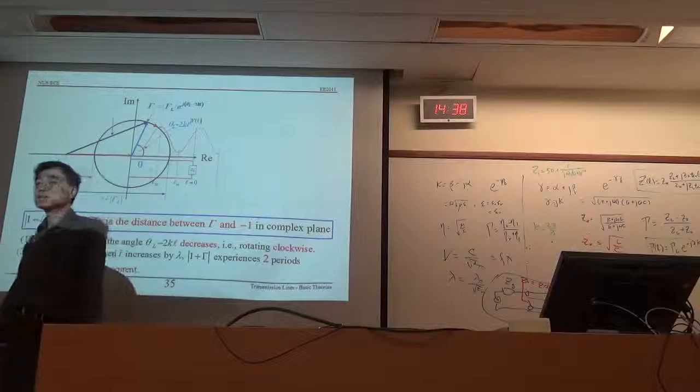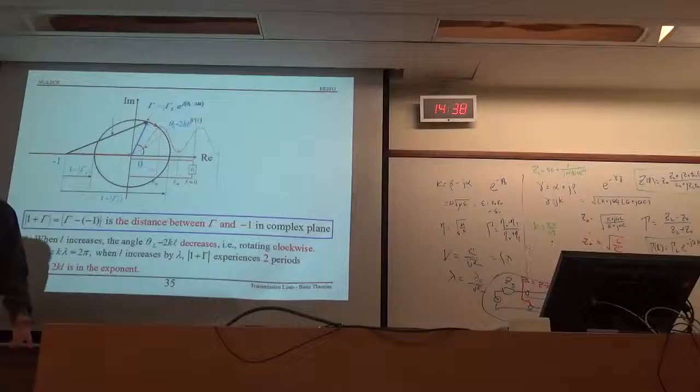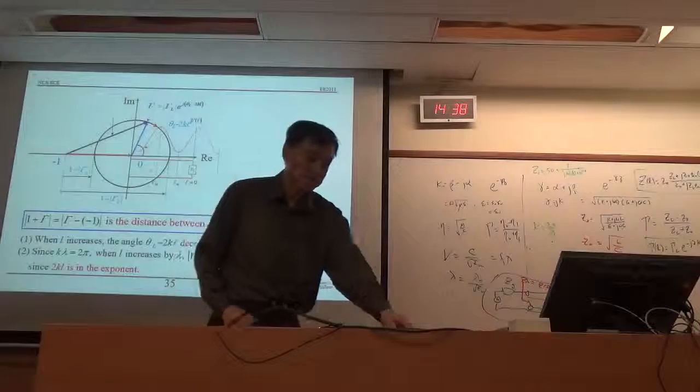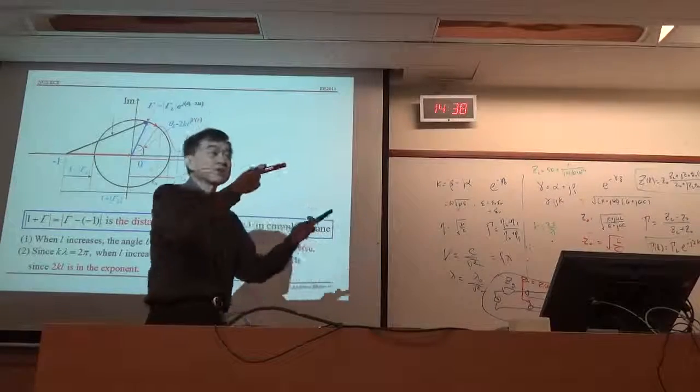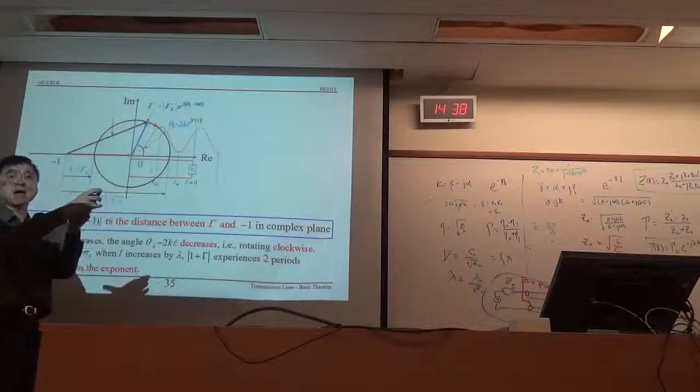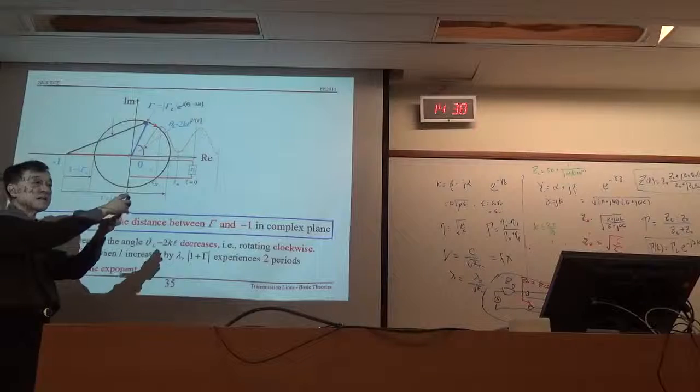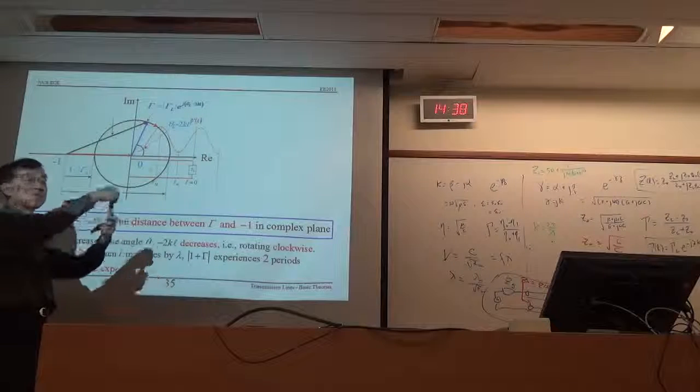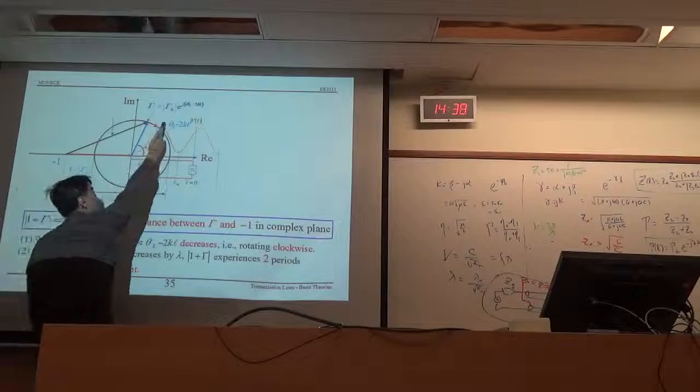Now, once again, remember our two vectors. One, and another vector which is gamma, and it's rotating with an angle here.